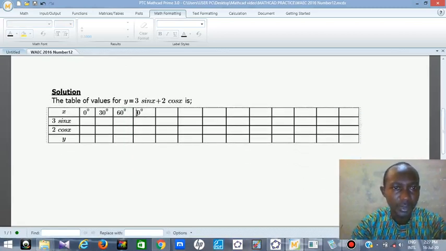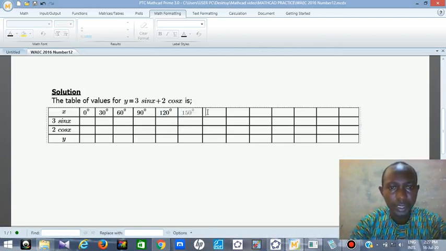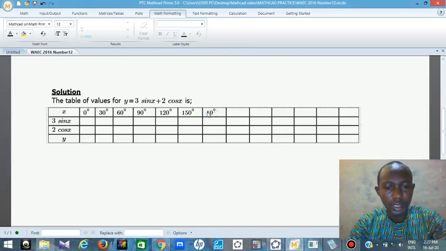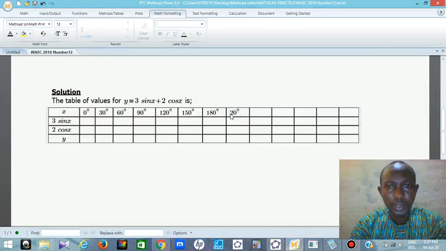So 60, the next point is 90, then 120, this one is 150, and this is 180, and this is 210.